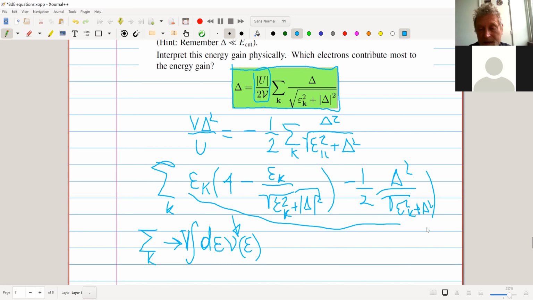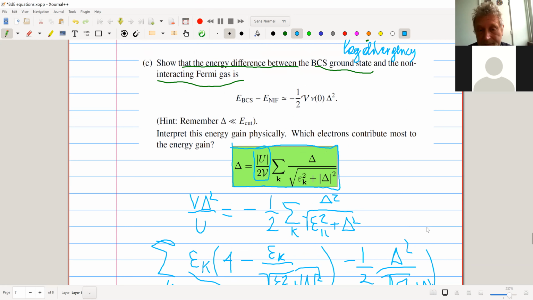So this expression, after I brought all terms, is not divergent anymore. I can write it as a function of epsilon. I can do the integral. And this is the answer. As you see, it is negative. Delta squared is positive, so the answer is negative. It's proportional to volume. The energy per unit volume is constant. That's it. That's what we prove.